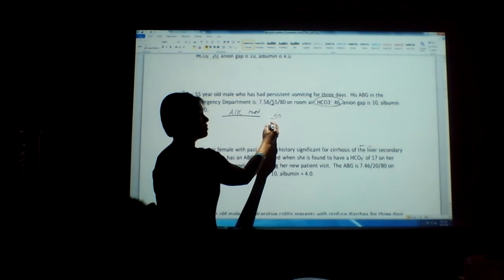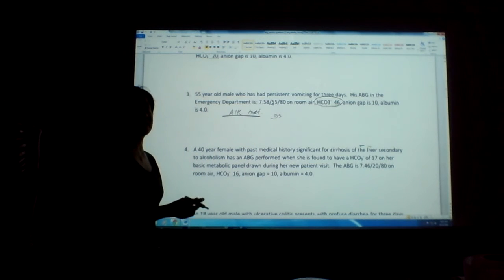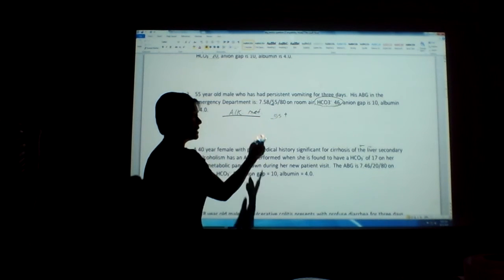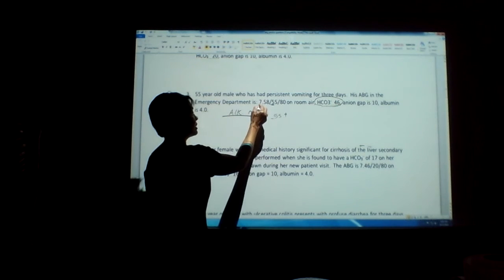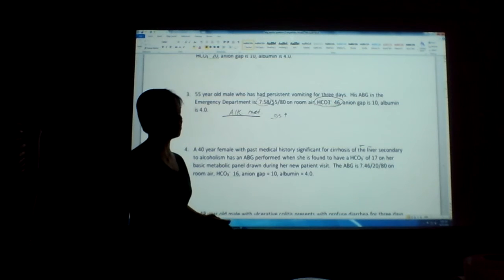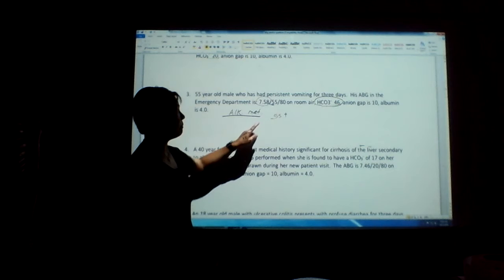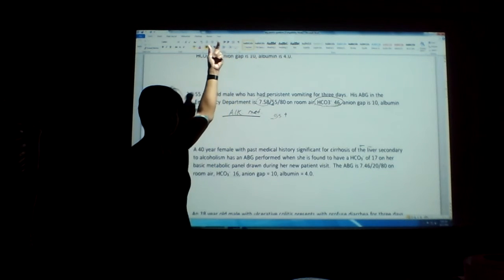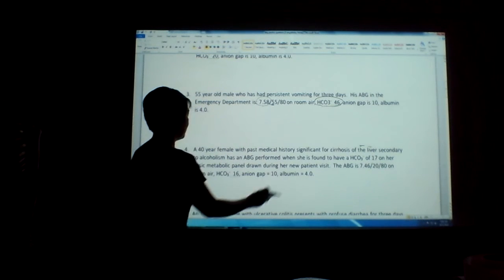Is this high or low? Remember, what's the normal carbon dioxide? 35 to 45, right? So this is high. So what am I going to write? Compensating or compensated? Compensating because the pH is still not normal. So metabolic alkalosis compensating. Why is it compensating? The carbon dioxide is slowly creeping up. So the acid is trying to correct the alkalosis of the patient.